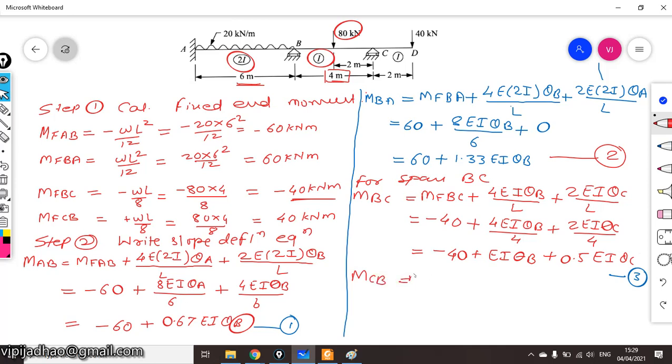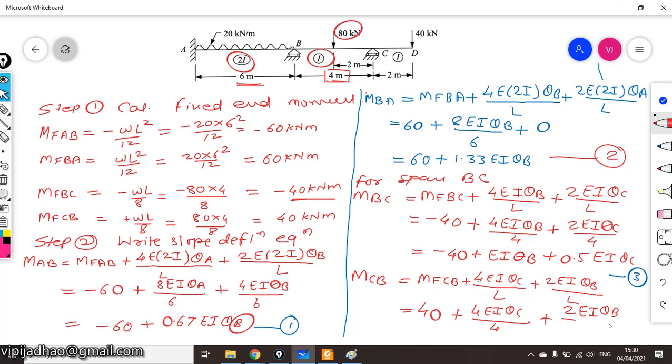MCB is equal to MFCB plus 4 EI theta C divided by L plus twice EI theta B divided by L. MFCB is equal to plus 40, so 40 plus 4 EI theta C, L is again 4 meter, plus twice EI theta B divided by 4.